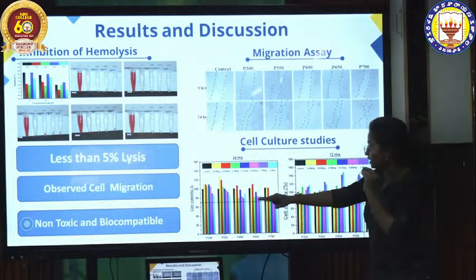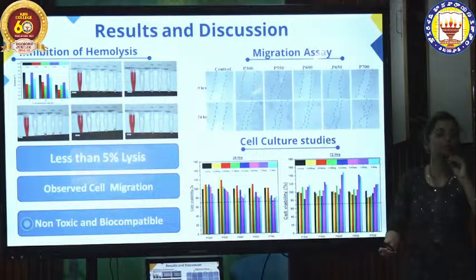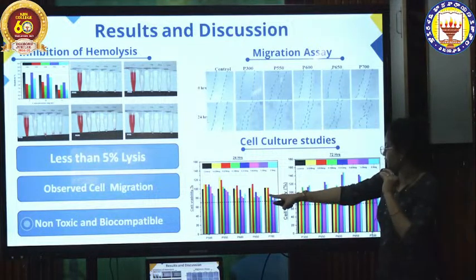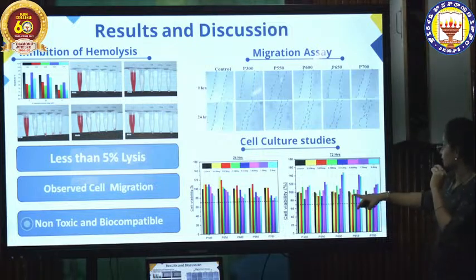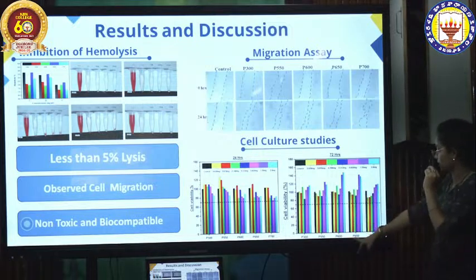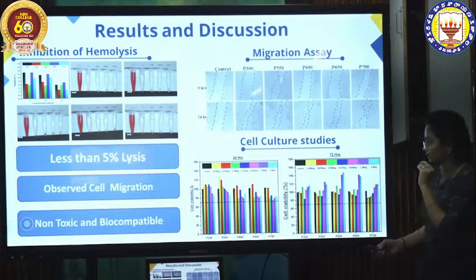Also, some of the samples have crossed 100%, which means they show more biocompatibility. After 24 hours, when it comes to 72 hours, the highest rate of cell viability is shown by the phosphate-based glass ceramics at 600 degrees Celsius.